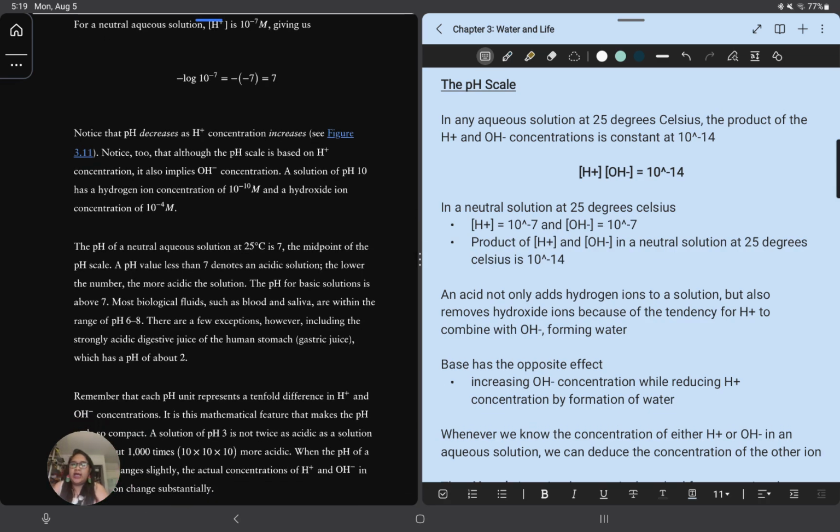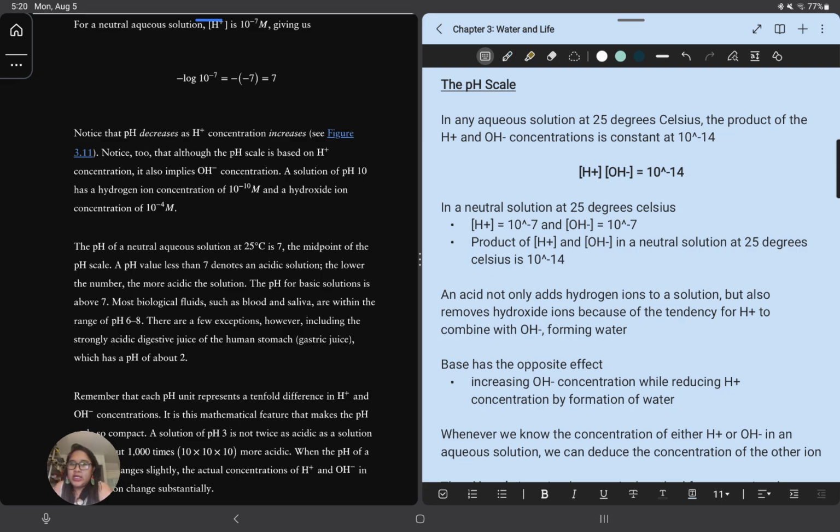For a neutral aqueous solution, hydrogen ion concentration is 10 to the negative 7th molarity, giving us negative log 10 to the negative 7th equals negative 1 times negative 7 equals 7.